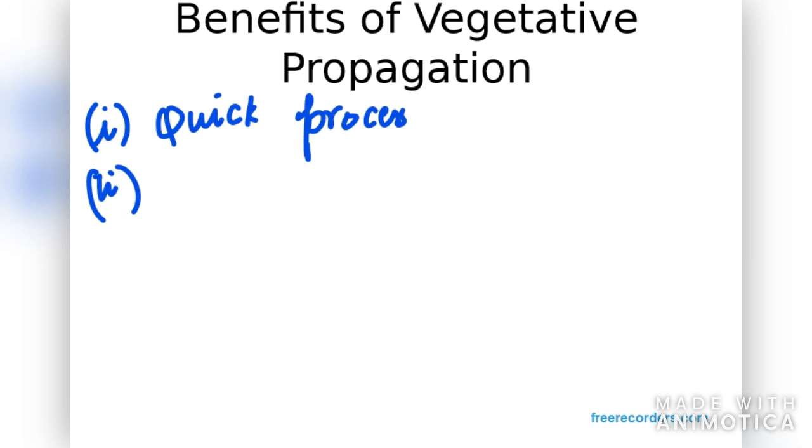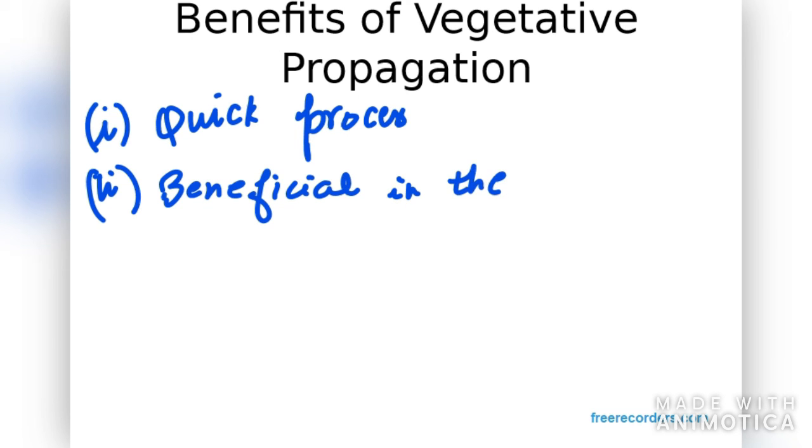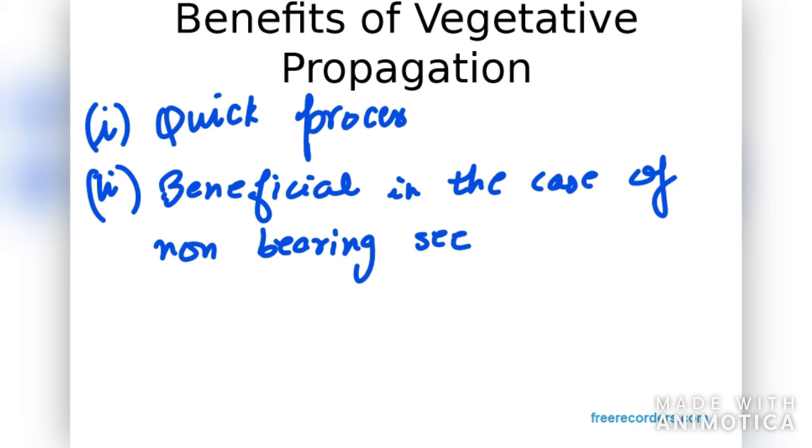Now the third one. In the second one you can write beneficial in the case of non-bearing seed plants. The third one: genetical similarity is maintained in the plants. So genetically they are very similar to their parent plants.